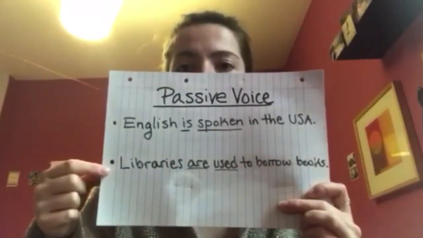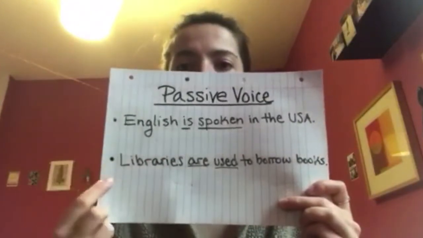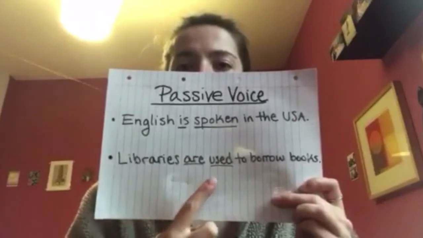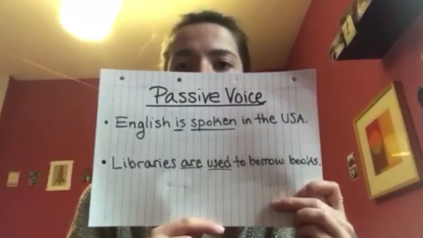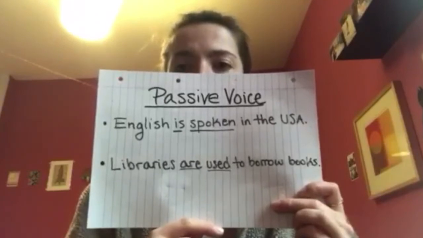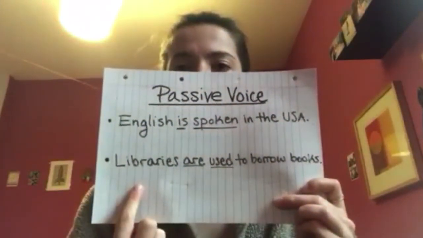It's the same thing in example number 2. We could also say, people use libraries to borrow books. But that's speaking in general, so the people aren't as important as the libraries.